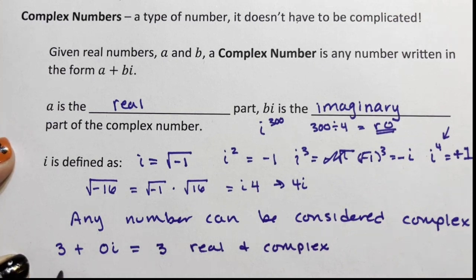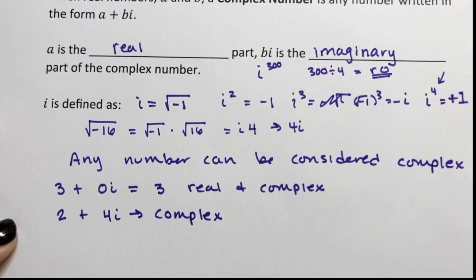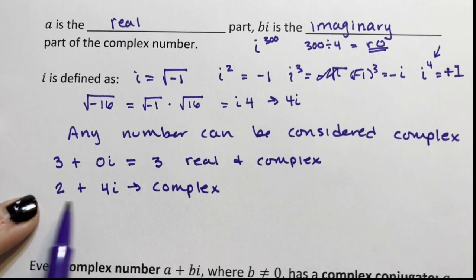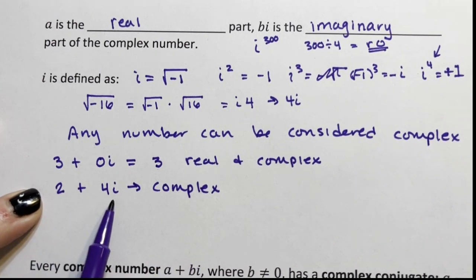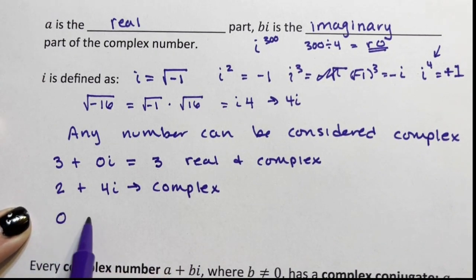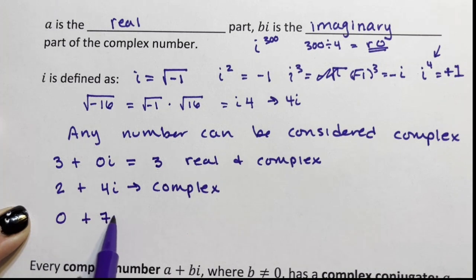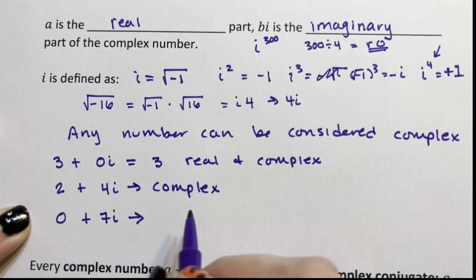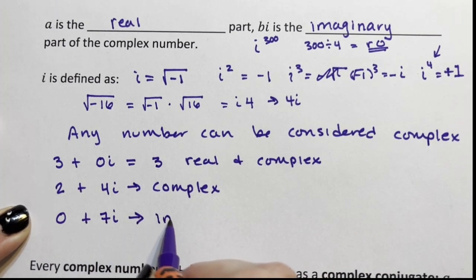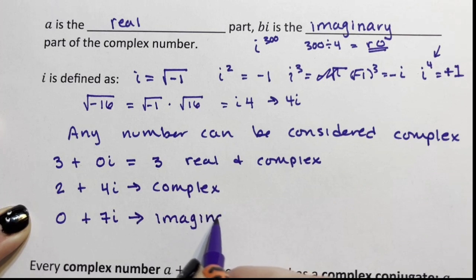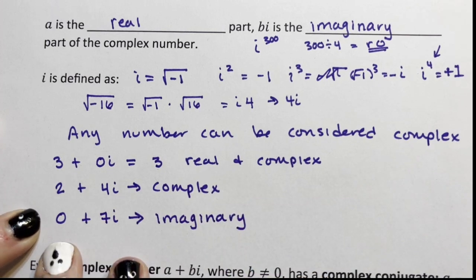If I have 2 plus 4i, this is just complex. It's complex because it's made up of both the real and the complex part. It has both parts in there. If I have 0 plus 7i, this is considered purely imaginary because the real part has been zeroed out.